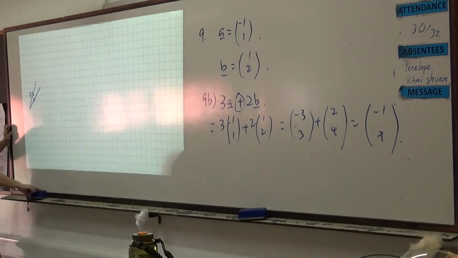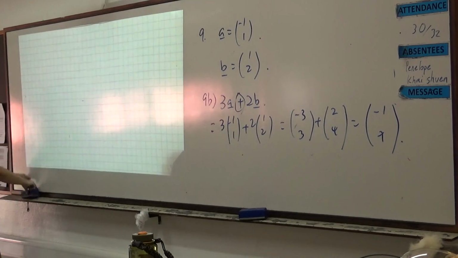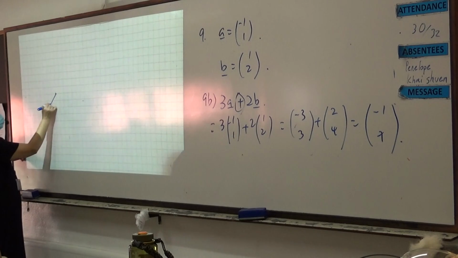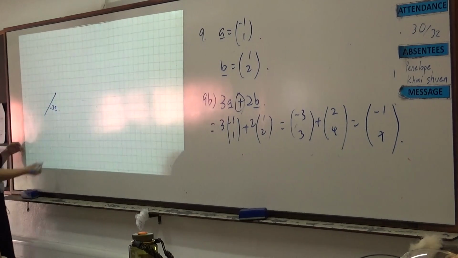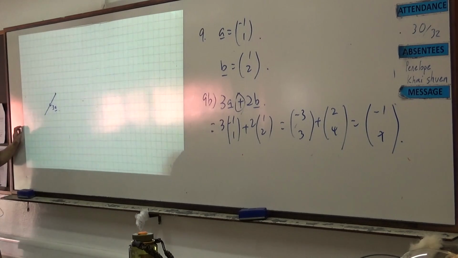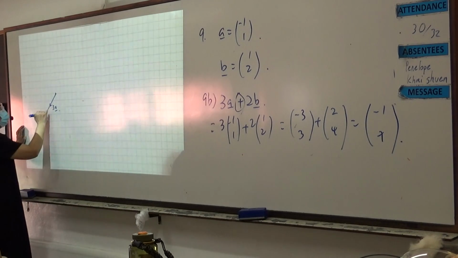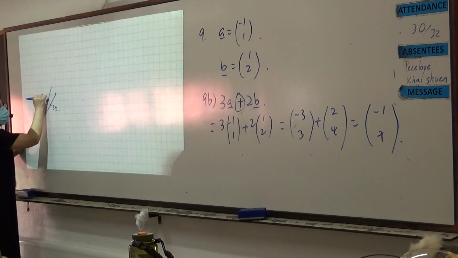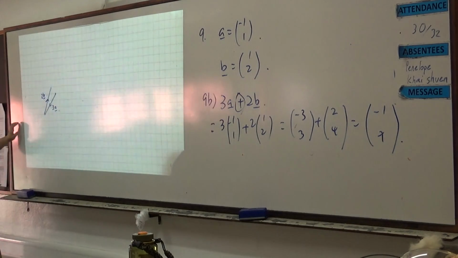Correct? Now, this is a bit strange. I draw somewhere here. This is weird. This is 3A. Then 1, 2, 1, 2 will be here. So the 2B will go this way.